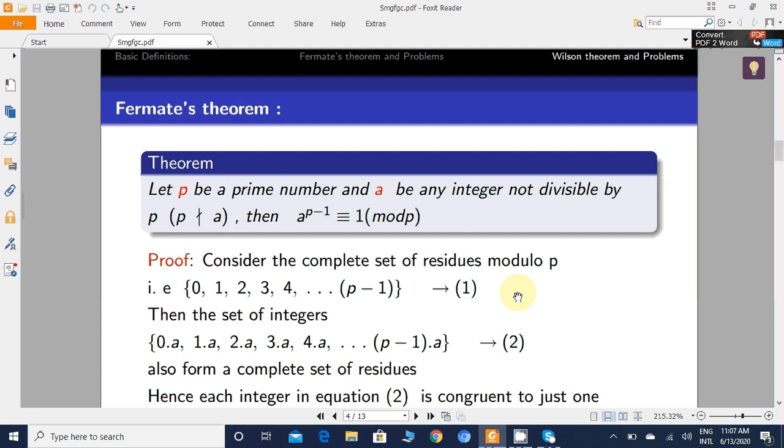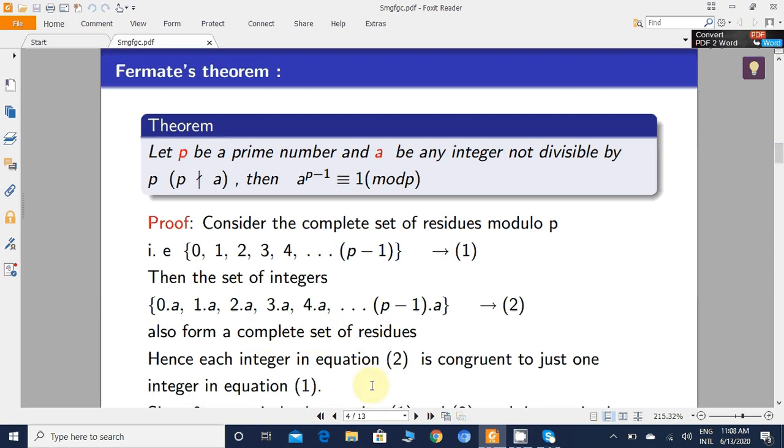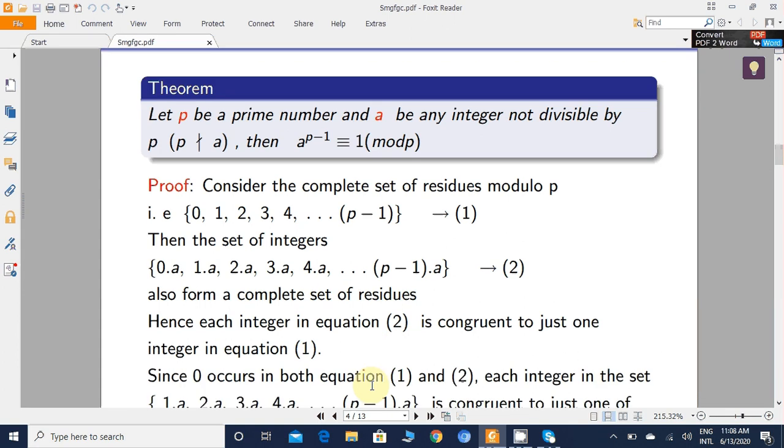Then the set of integers, that means each term of equation 1 multiplied by the element A, that is 0 into A, 1 into A, etc., the last one P minus 1 into A, I call it equation number 2, also forms a complete set of residues. Hence, each integer in equation 2 is congruent to just one integer in equation 1.